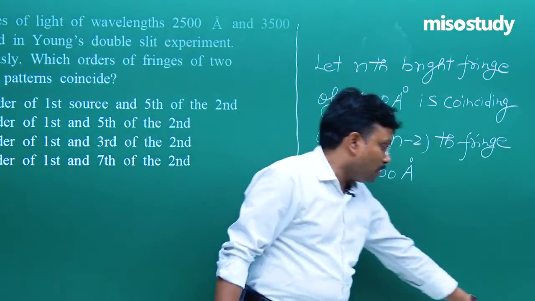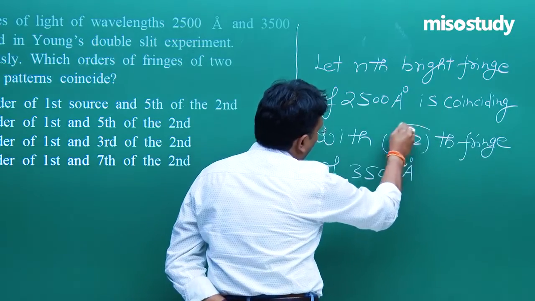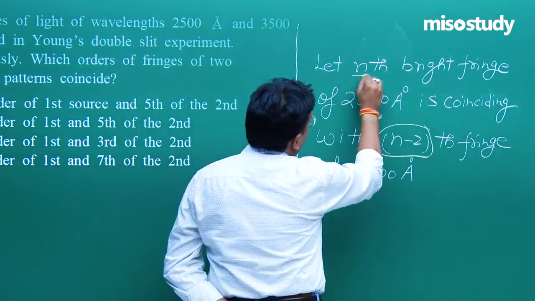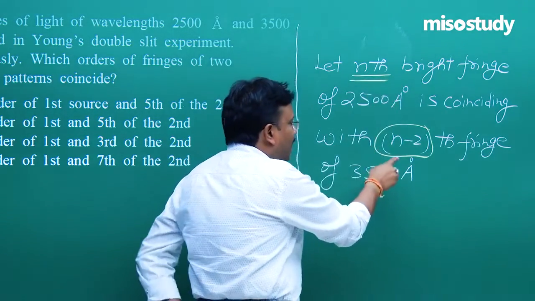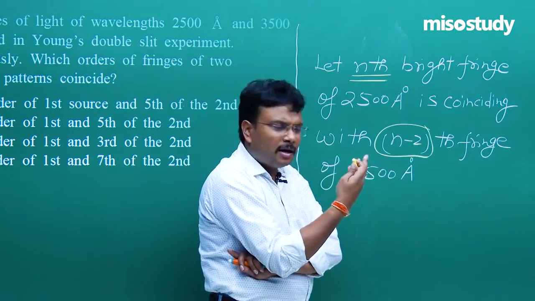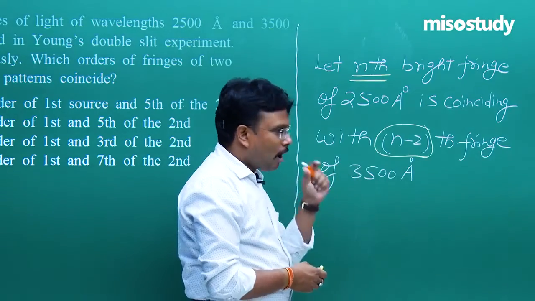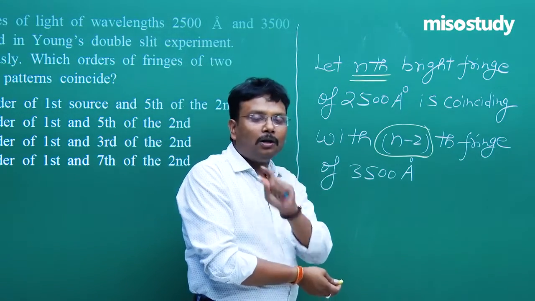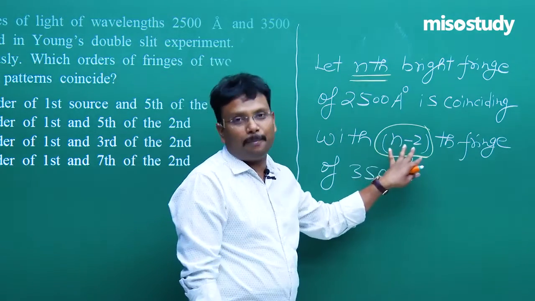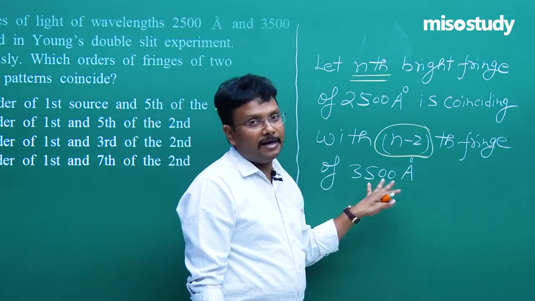Okay. Now lot of you will start thinking, what's the point of this term? How the teacher is saying nth bright fringe with n minus 2th bright fringe? How exactly? Is there any formula over here? Nothing. So how it happens? So all those students who are regularly watching our videos, for them it's a simple thing. But if you are first time watching this video, obviously you will find it difficult.